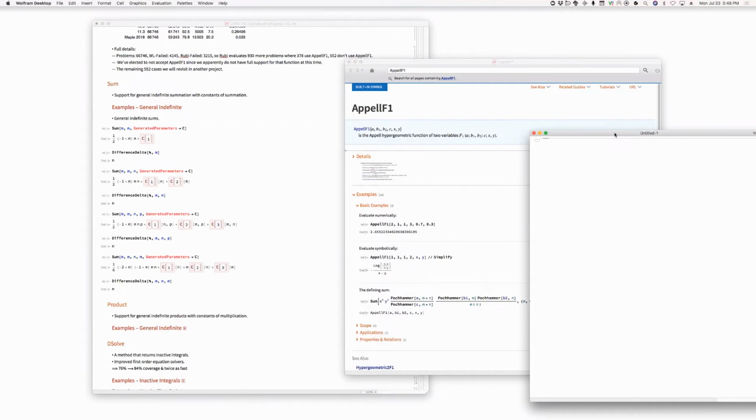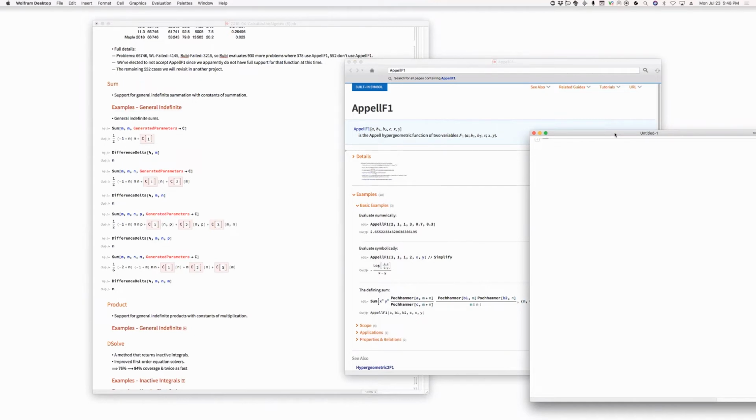We're going to start down that track seriously, but not right now. For AppellF1, I think they found enough special cases that can be reduced to the functions we actually do have. But as tests now indicate, it wasn't adequate. It's not complete coverage, and we don't know exactly what it is. It's its own investigation to trace that down.